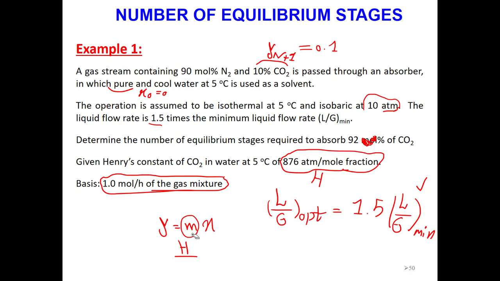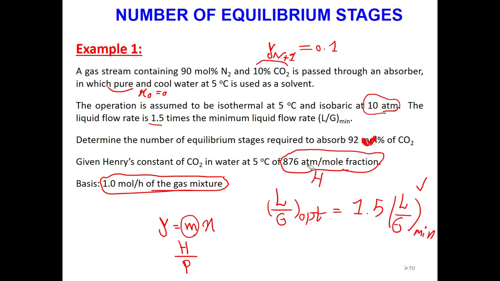So this shouldn't have any unit. The Henry constant h is given in atmosphere per mole fraction, and mole fraction doesn't have any unit. The pressure is also given, 10 atmospheres. If I divide my Henry constant by pressure, I can make this a unitless number.